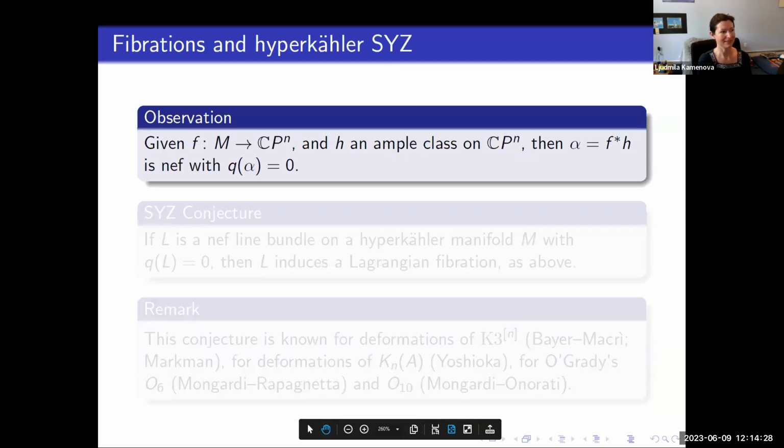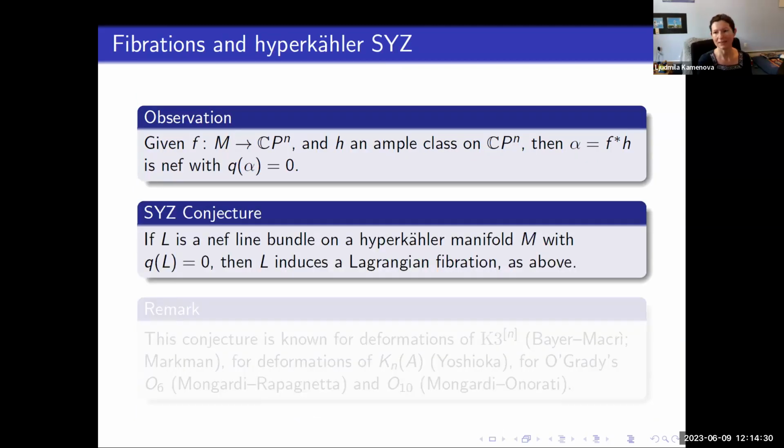So this observation is trivial, but then people conjecture that the opposite implication is also true. If you have a nef line bundle on a hyperkähler manifold with vanishing Beauville-Bogomolov-Fujiki form, then this line bundle induces a Lagrangian fibration.